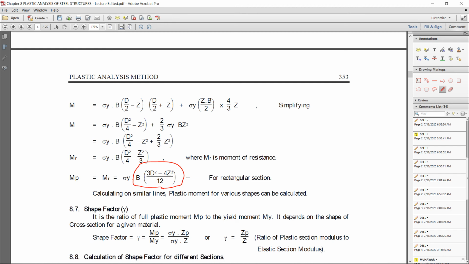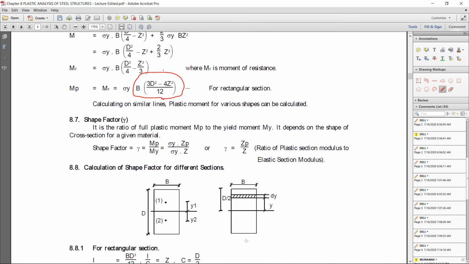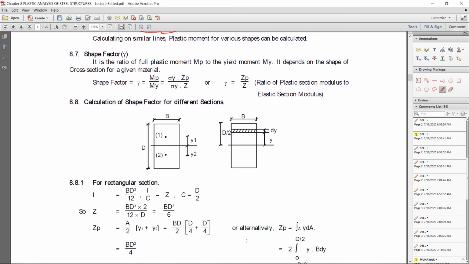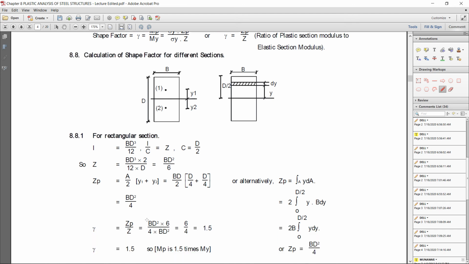Okay, let's see the shape factor for a rectangular section. For a rectangular section, we already know the plastic section modulus and the elastic section modulus, so I will not calculate again. The plastic section modulus for a rectangular section is b d square by 4, divided by b d square by 6.